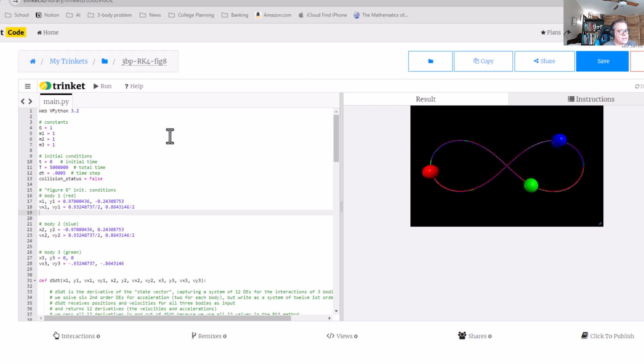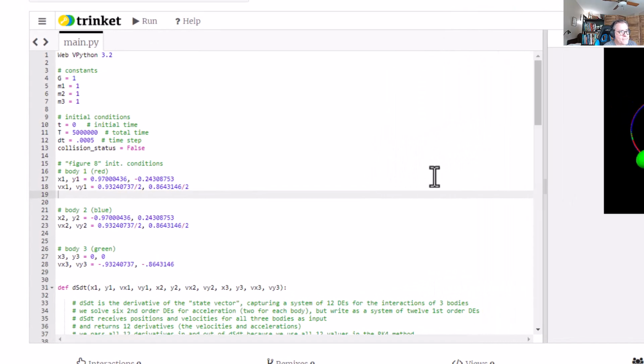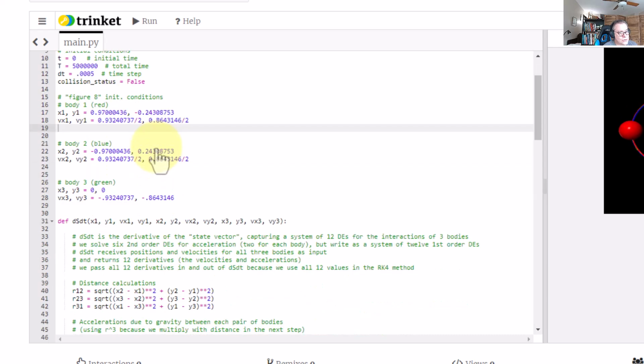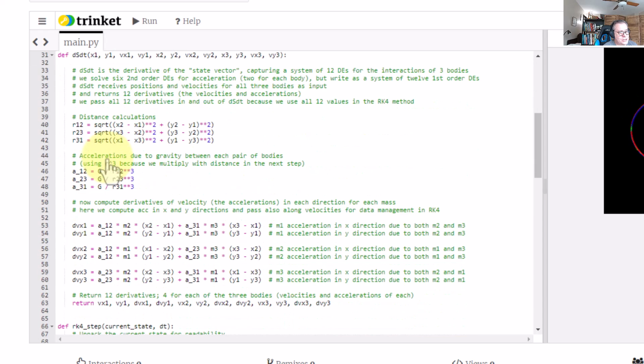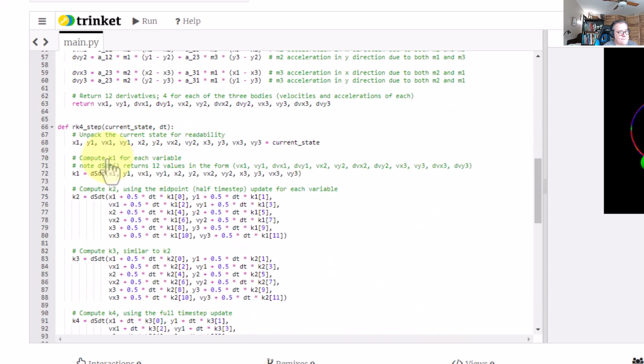Now let me talk really quickly through the code just a little bit here. I've got the universal gravitational constant set, each of the masses set to 1. I've got some parameters that I use for time. I actually am doing a collision detection in this code. So here's the DSDT function. I'll talk about that in a second.